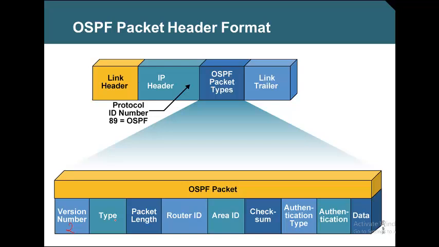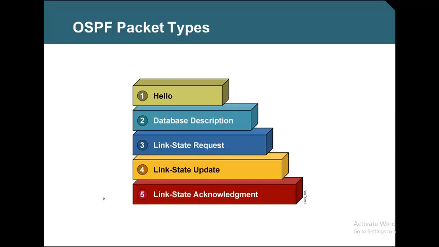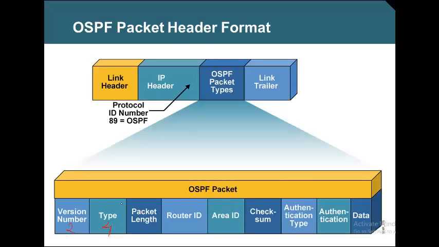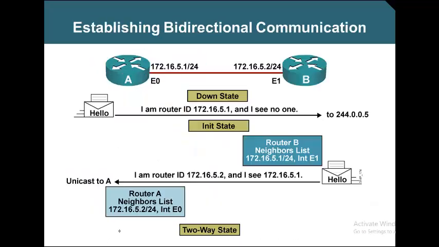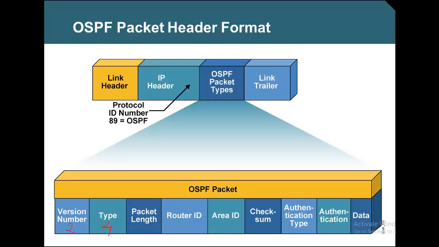What type of packet? If it is update, it will be 4. We just learned types. What is 4? Update packet. If it is a hello packet, it will be 1. For hello packet, the type will be 1.